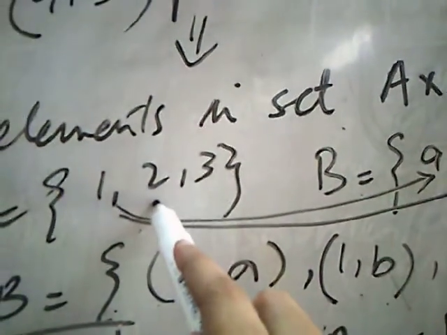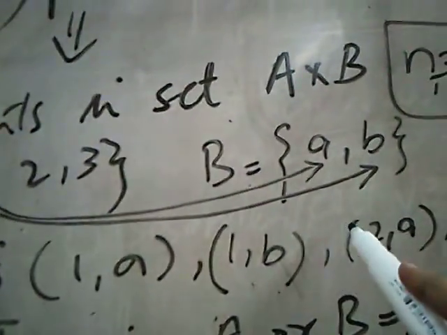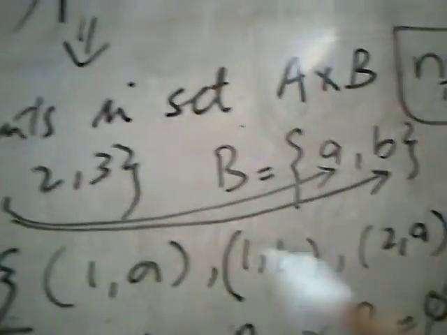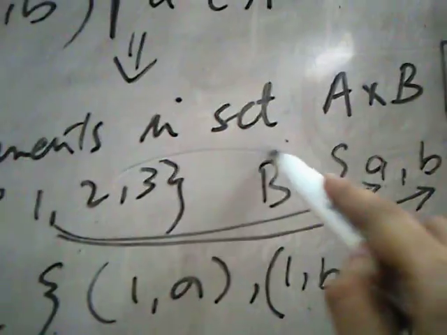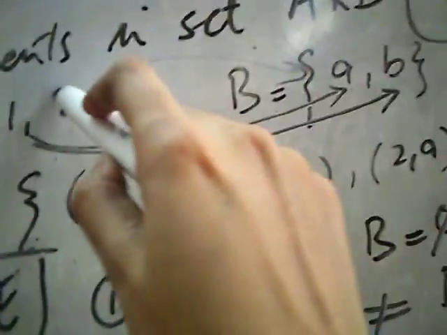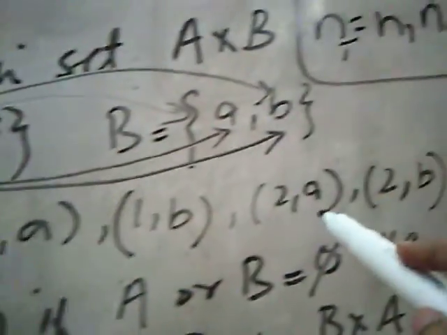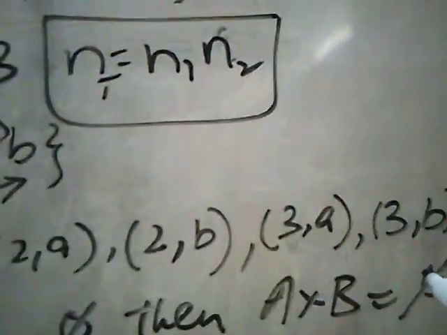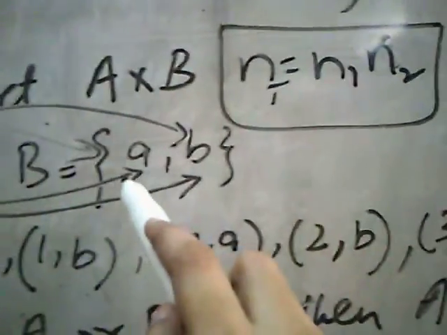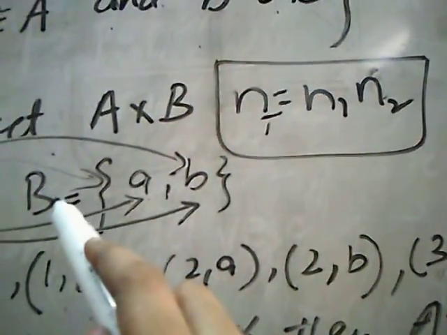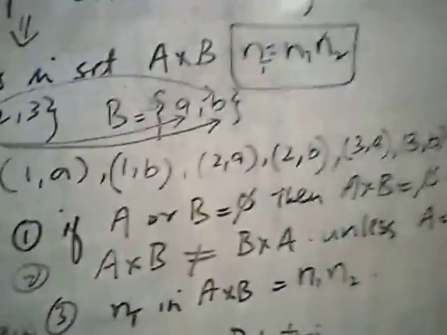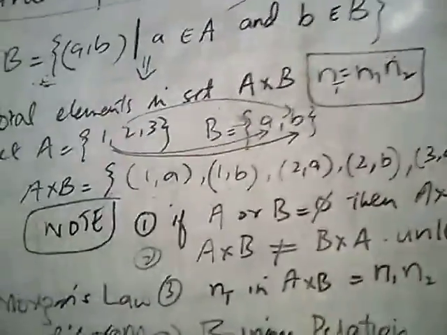Now take the second element of set A and pair with both the members of set B: 2a and 2b. Now take the third element of set A, 3, and pair it with the members of set B: 3a and 3b. So in total there are 6 elements.